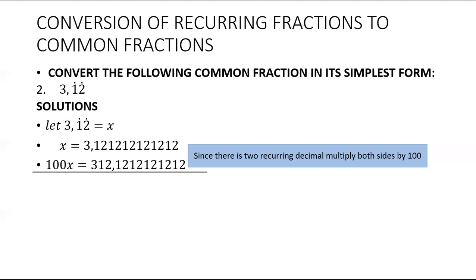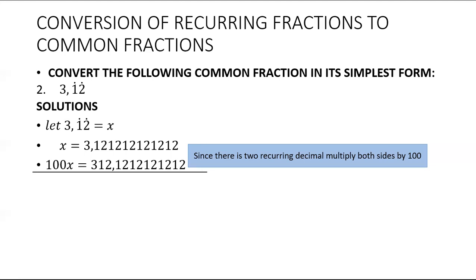All I did was just to take equation 1 and on both sides I multiplied by 100. 1x multiplied by 100 will give you 100x. 3,12121212 multiplied by 100 will give you 312,12121212. The next step, as I've said, you'll take equation 2 minus equation 1, which is 100x minus 1x.